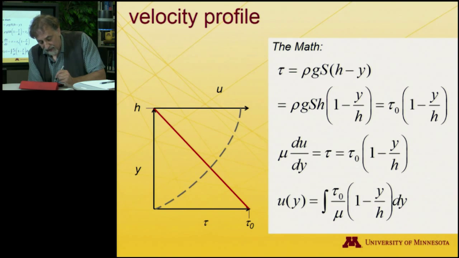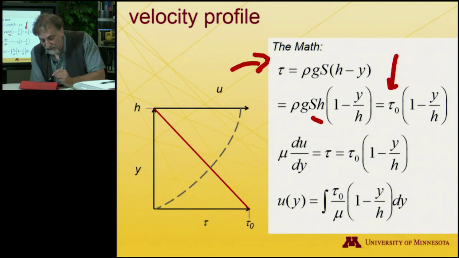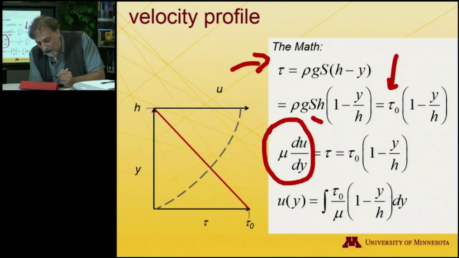So we start with our stress profile right there. We worked that out from momentum balance earlier. I started by rewriting it slightly just to make it a little bit easier to use. I pulled H out, and that let me write it in terms of the shear stress at the bed, which is a handy thing to do. Then I relate the shear stress to the velocity gradient using Newton's law.